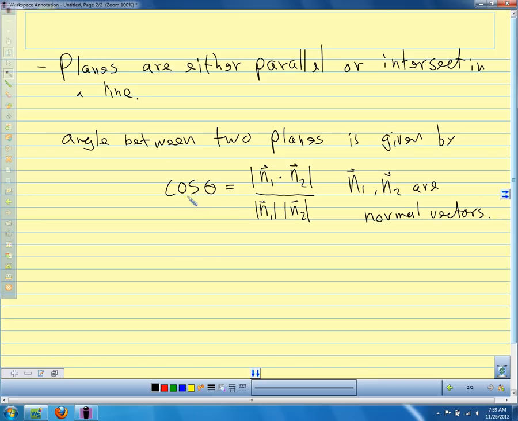And just as an extension from this, because of the properties of the dot product that we've talked about before, if the dot product is 0, then our planes are perpendicular.